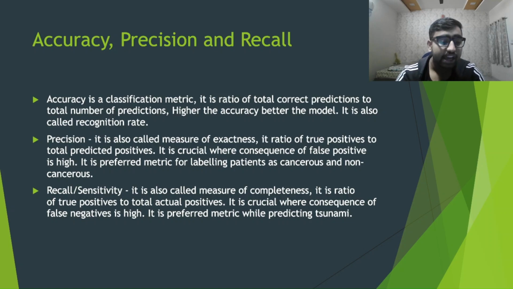If a non-cancerous patient is labeled as cancerous, and we start therapy like chemotherapy and other cancer therapies for that patient, it might cause side effects to the healthy patient and would also bear a financial burden on that patient, which we must avoid.